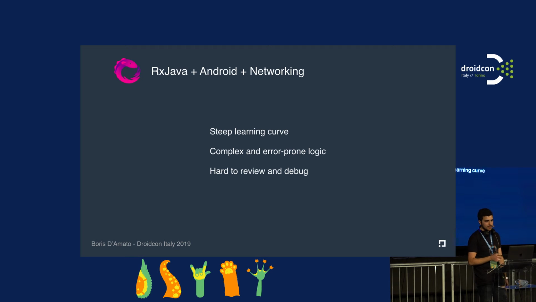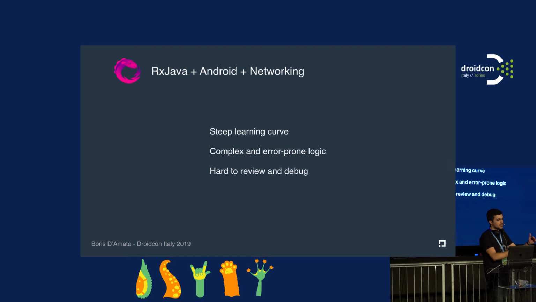Another problem is that this logic is really complex and error-prone, mainly because it's really hard to code review and debug. For example, if you have a complex flow like the previous one, it might look right when you're reviewing it in a PR, but you're assuming that the flow works as you expected.